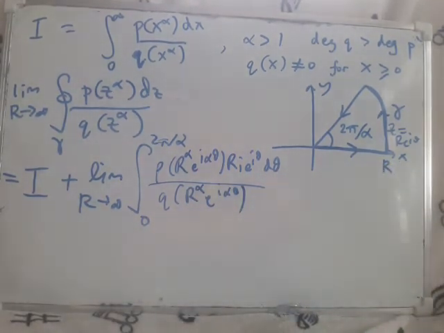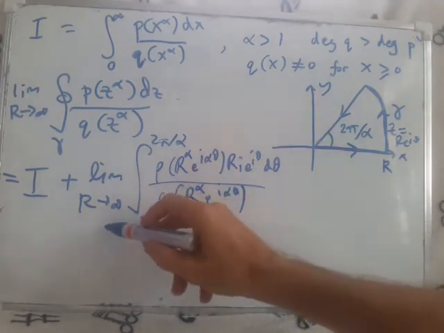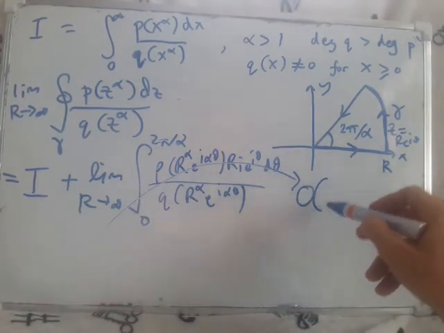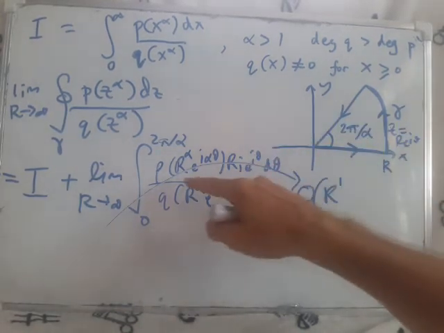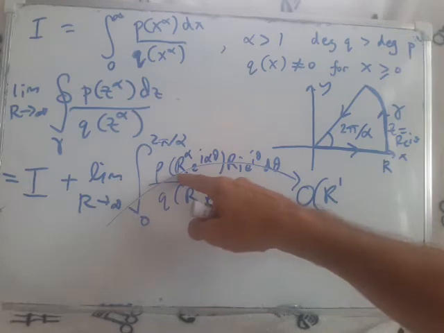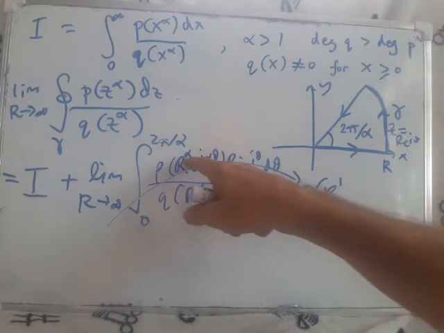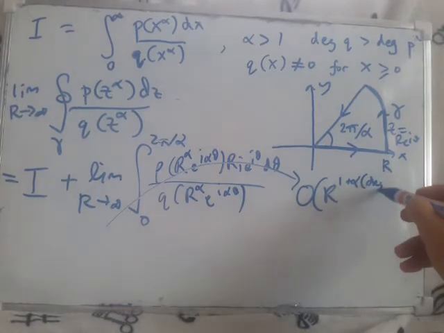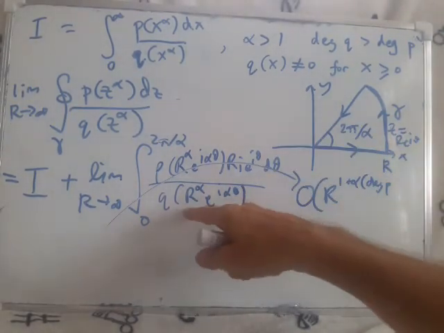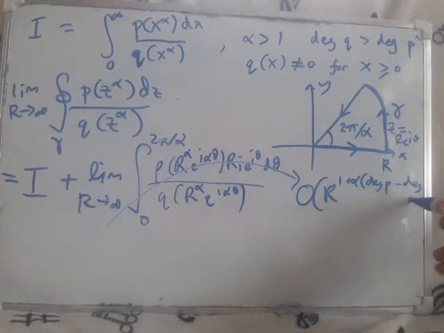Okay, so what we're interested in is this, we need to show this is going to go to 0. So it's going to be of order r to the power 1, and then we're going to have the degree of p, but it's also raised to the power alpha, so it would be plus alpha times the degree of p, and we've got degree of q on the bottom, so it would be minus degree of q.